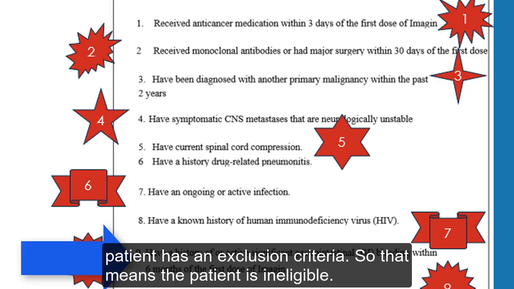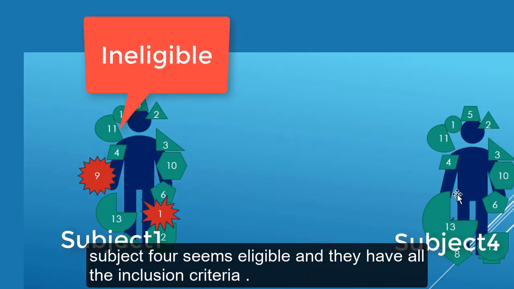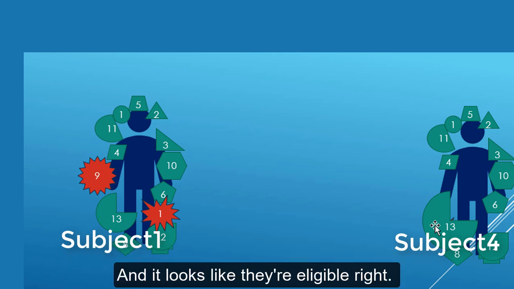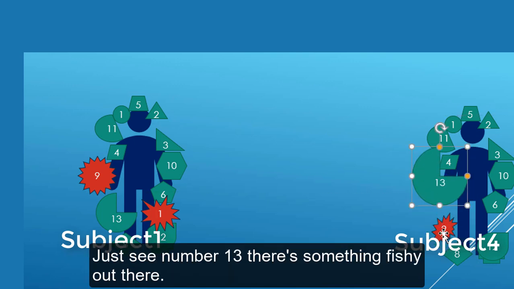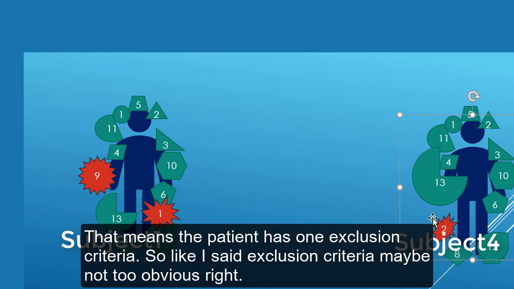The patient has an exclusion criterion, so that means the patient is ineligible. Subject 4 seems eligible. They have all inclusion criteria 1 to 13, and it looks eligible, right? But just see number 13. There's something fishy out there, right? There's something behind number 13. So that's a red marker. That means the patient has an exclusion criterion too.